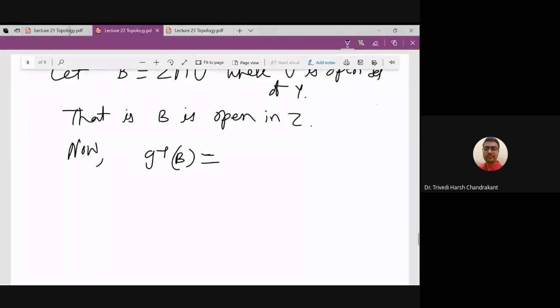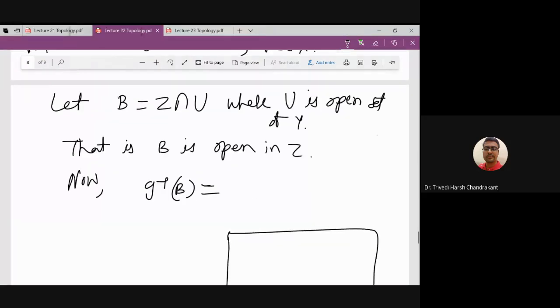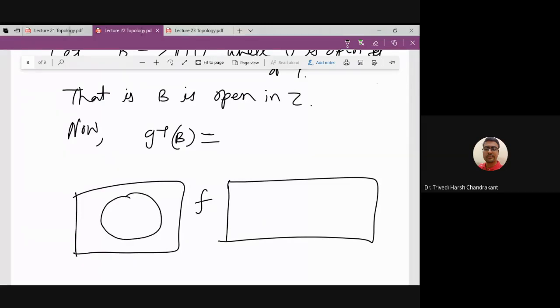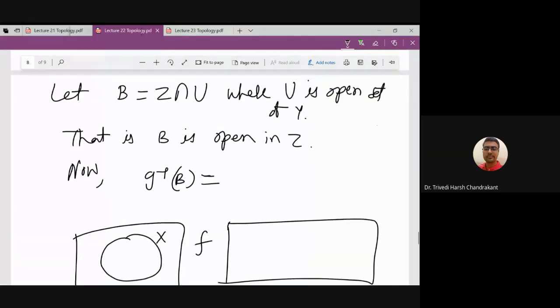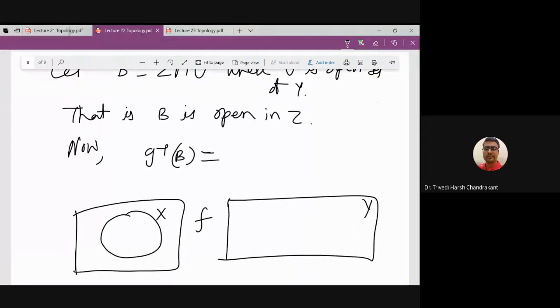So let us try to see this using a kind of diagram. I have a function f which maps from X to Y, and in Y I have two sets Z and U. So this is my function f.